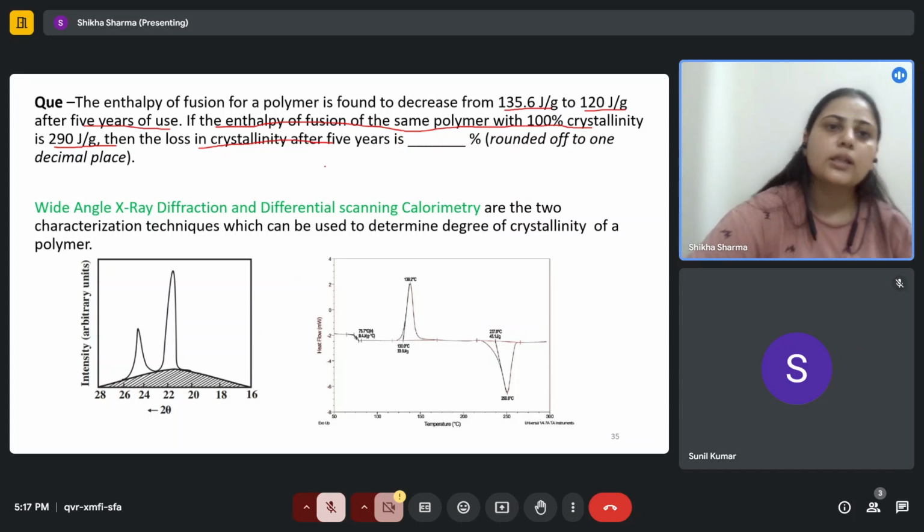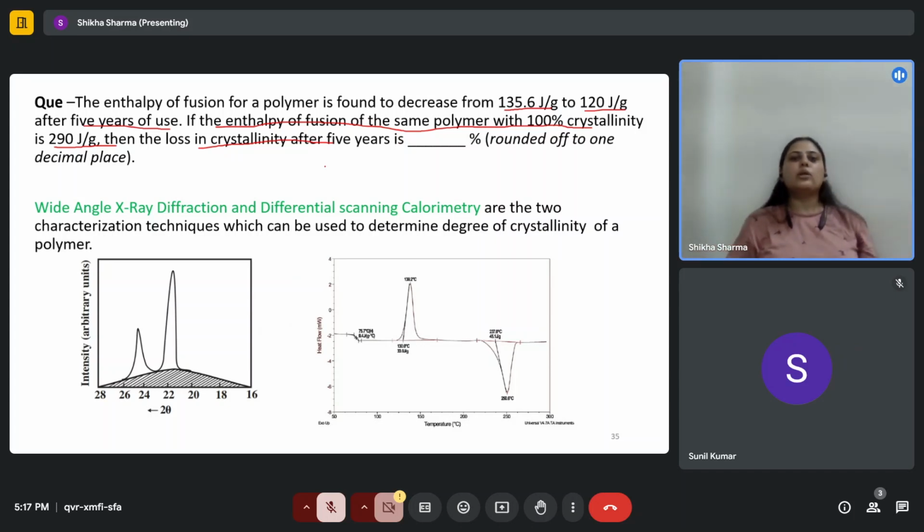So it is saying that the enthalpy of fusion of the polymer is given as 135.6 joule per gram. Then I am using that polymer for some use, and its enthalpy of fusion is decreasing from 135.6 to 120 joule per gram in the 5 years of use.